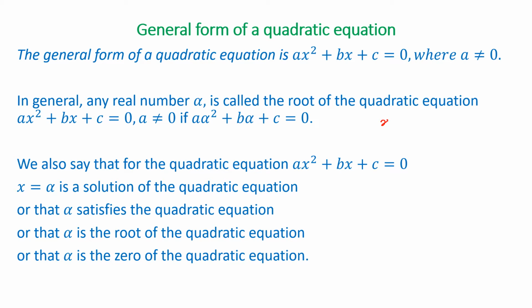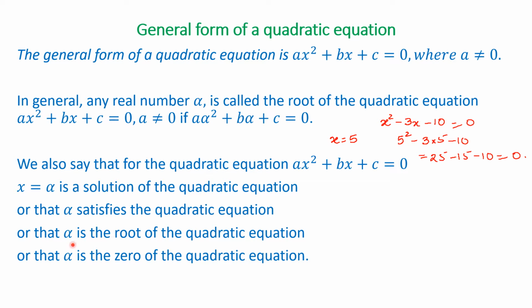Suppose I have a quadratic equation like this: x square minus 3x minus 10 is equal to 0. In this particular quadratic equation, if I substitute x is equal to 5, I will get 5 square minus 3 into 5 minus 10 is equal to 25 minus 15 minus 10, which is equal to 0, which implies that x is equal to 5 is the root of the quadratic equation x square minus 3x minus 10 is equal to 0.